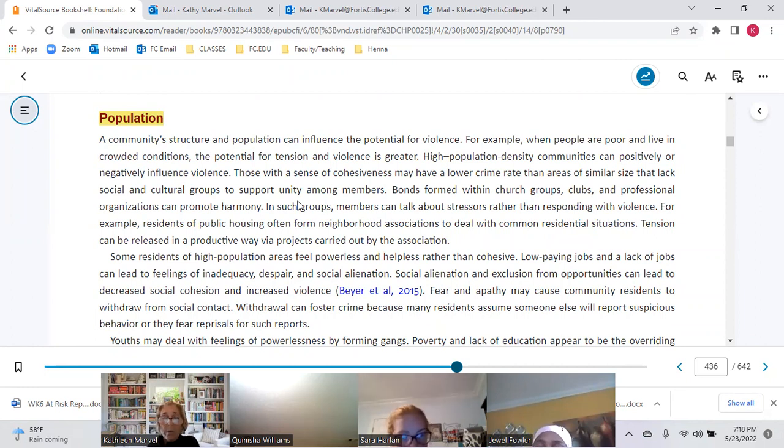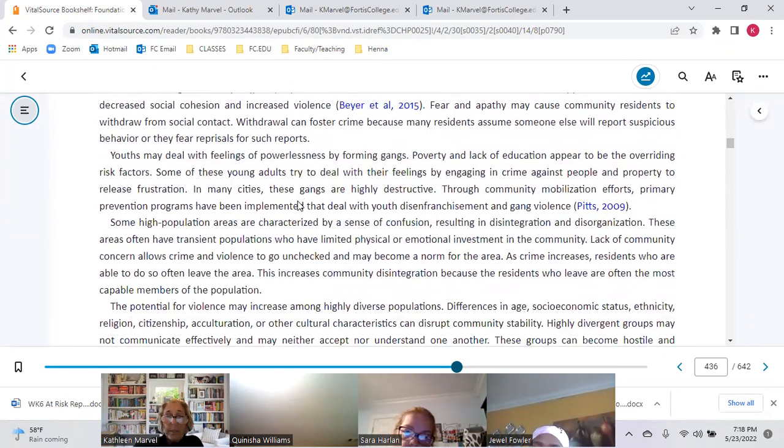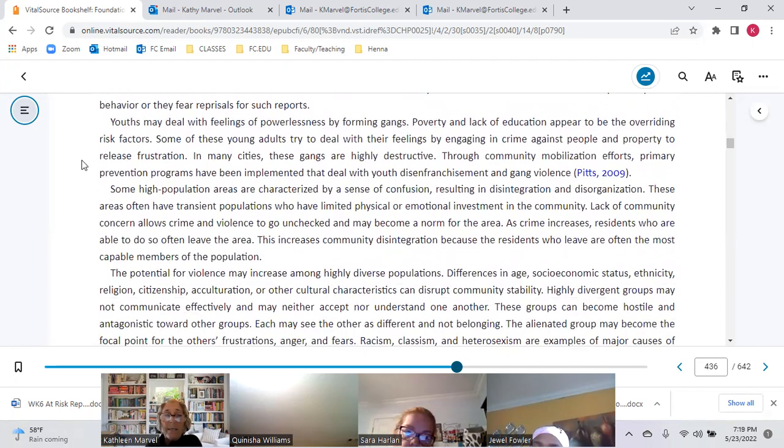What if you live in a community that has a high gun violence rate, right? Youth may be dealing with feelings of powerlessness, gangs, poverty, lack of education, right? How do these kids deal with their feelings? By engaging in crimes, maybe to release their frustration. Gangs are a big problem.